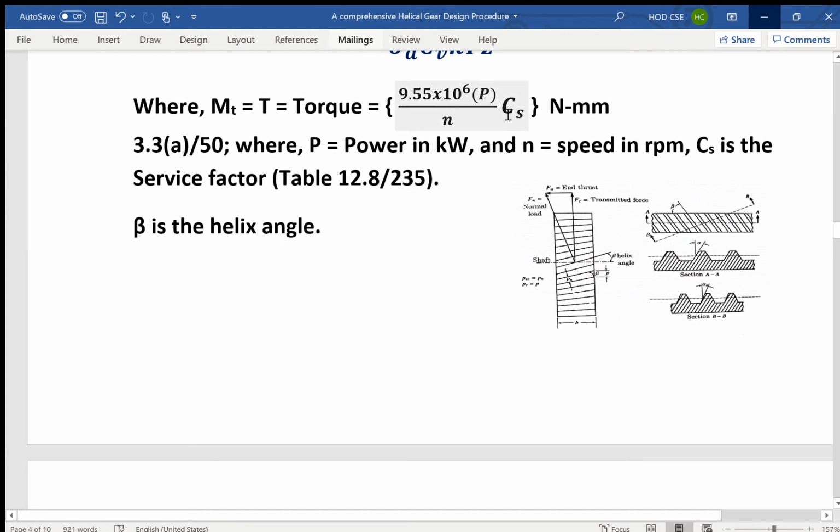P is power in kilowatt, speed in RPM, Cs is the service factor. Beta is the helix angle, which you can see here.